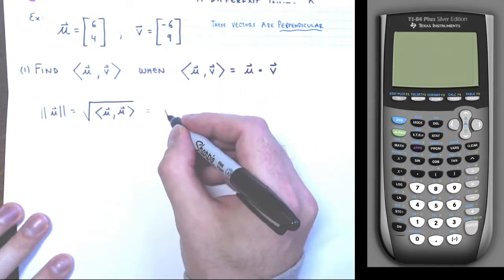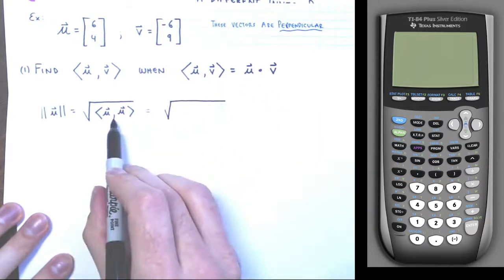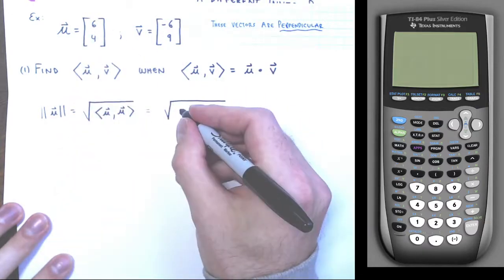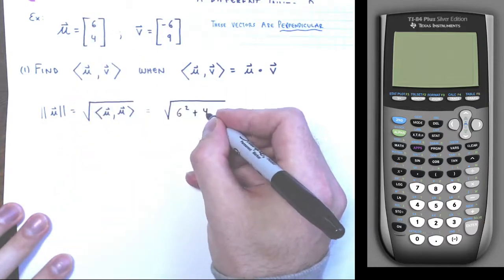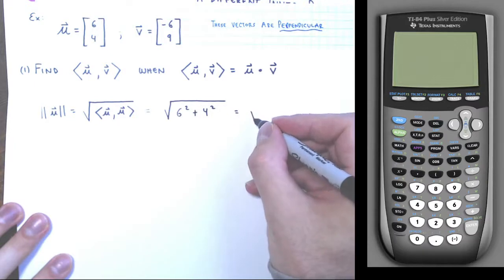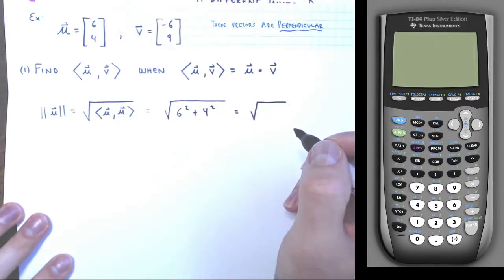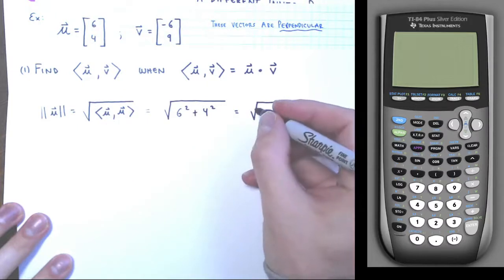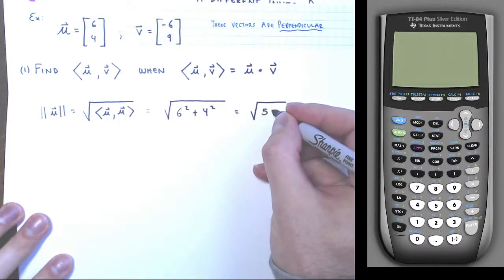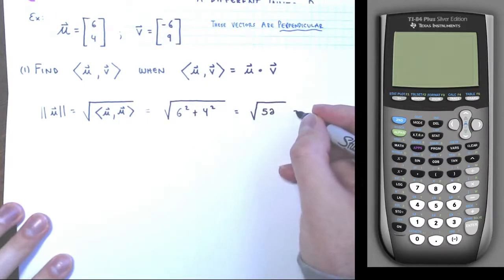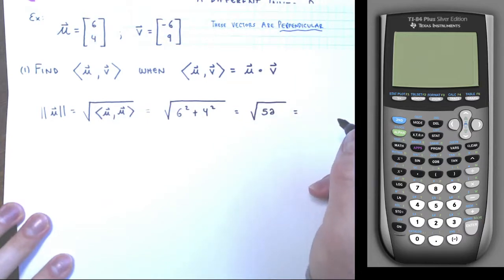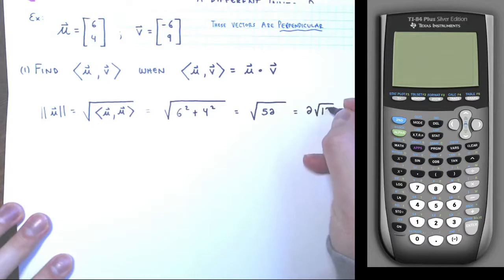So we have the square root of the dot product of u with u: 6 squared plus 4 squared, 36 plus 16, which is the square root of 52. We can break this up into the square root of 4 times the square root of 13, which is 2 times the square root of 13.